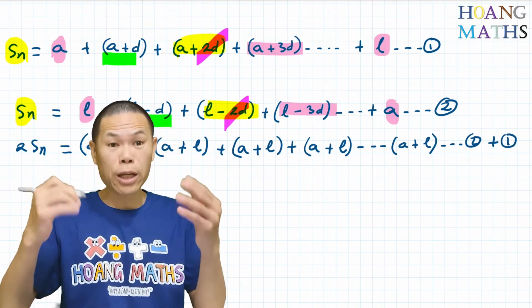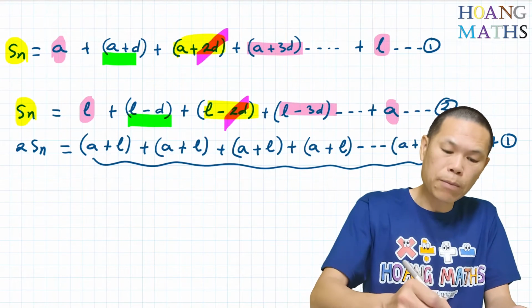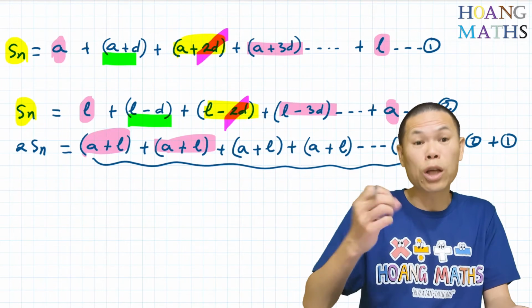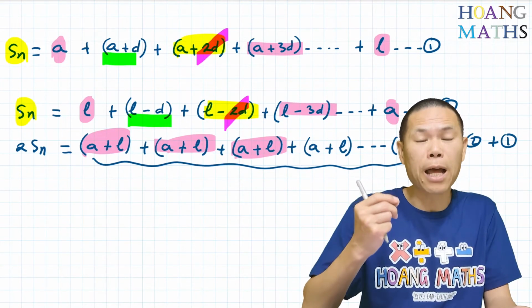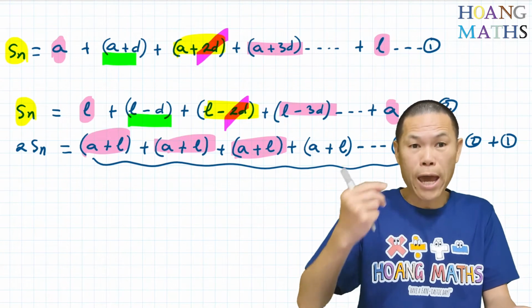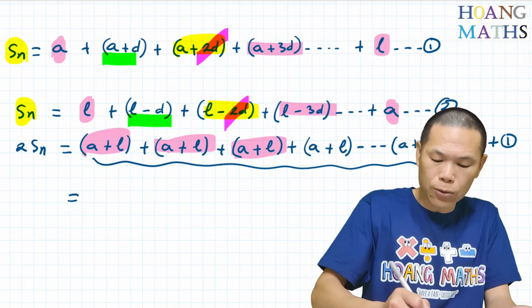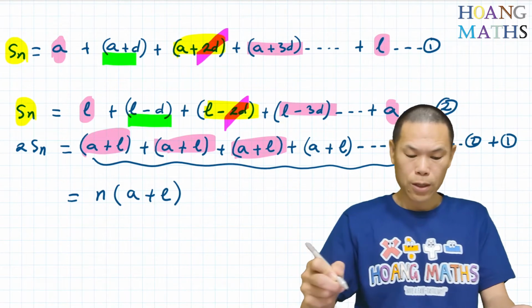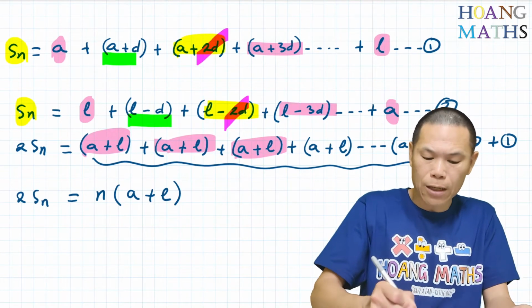Now if you think about it, because this is n terms, if we have 2 terms, adding these 2 terms together will be 2 lots of A plus L. And if we add another term, it becomes 3 lots of A plus L. So n terms, this is equal to n times A plus L. Now we know that 2 lots of the sum of n will give me this.